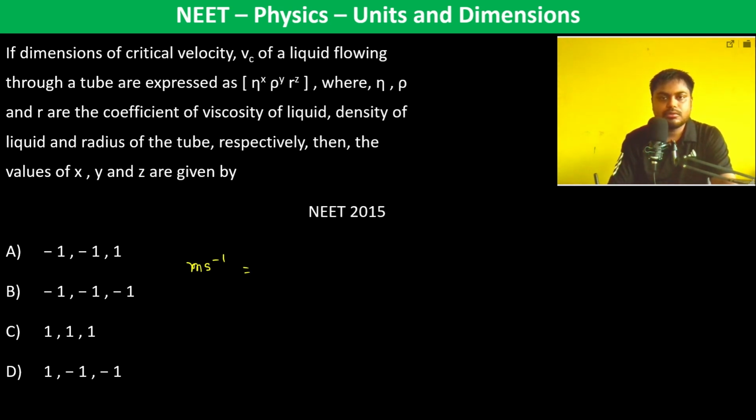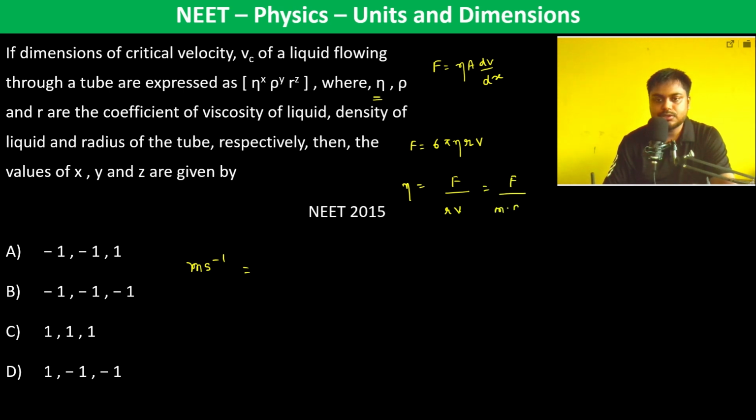So now let us find out what is eta. For eta we have this formula, F is equal to eta A dV by dx, or you can use even Stokes law, where the force is equal to 6 pi eta R V. So from both, eta comes out to be force divided by RV, which is force divided by meter into meter per second.